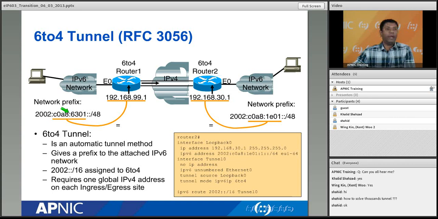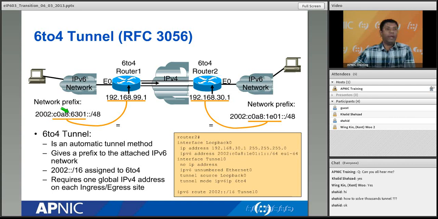Start with 2002, which is 16 bits. Then the loopback comes here, 32 bits. 16 plus 32, a 48-bit address in IPv6. Out of the whole 48 bits, the first 16 bits are fixed. Then from 16 bits up to 48 bits, we have the IPv4 address encoded, inbuilt.